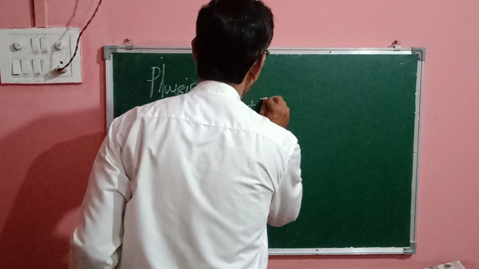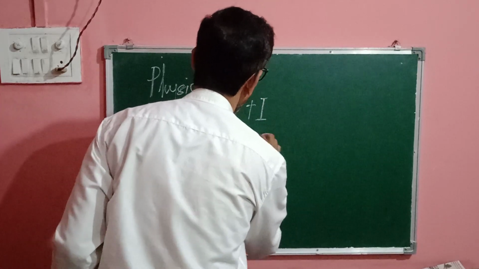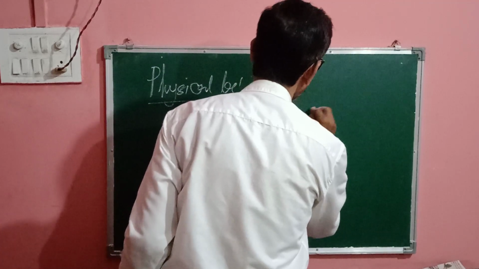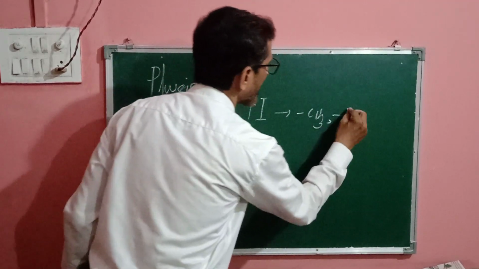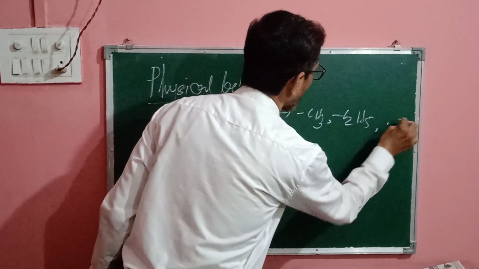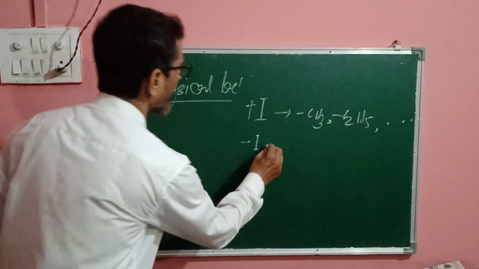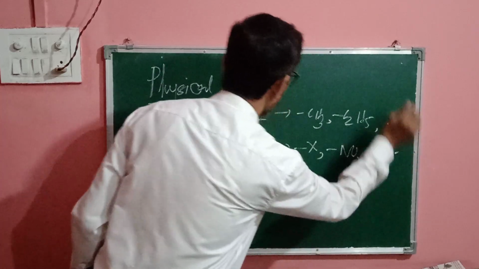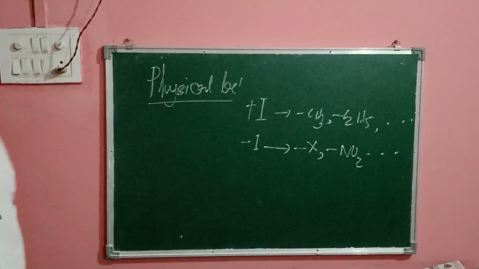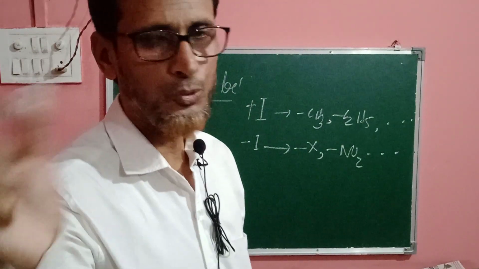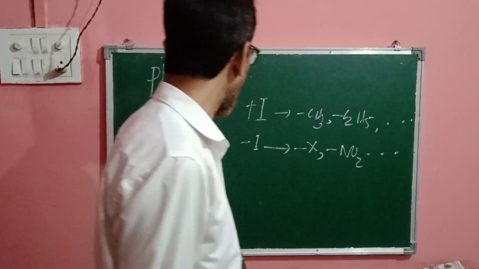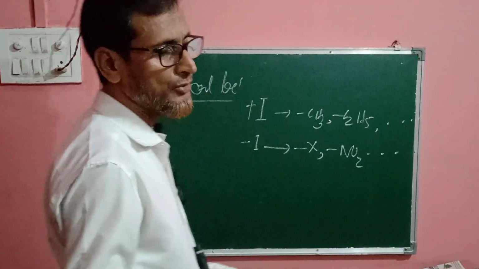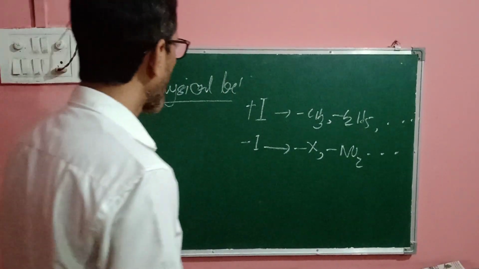Now plus I group, let me explain a bit. And minus I group. We know alkyl parts CH3, C2H5, etc. are plus I groups; all halogens, nitro, etc. are minus I groups. Plus I group means those groups or elements or atoms, the species which have the ability to pump electrons, to release electrons, are called plus I groups.